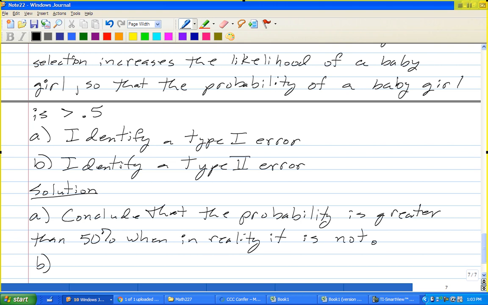So a type 2 error is an error where we fail to reject the null hypothesis when in reality the null hypothesis is false.